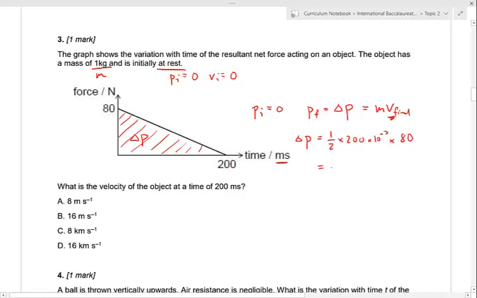So it's 100 times 10 to the negative 3 times 80, which is 8 kilogram meters per second. And so v is equal to p over m, but the mass was 1 kilogram, so it's 8 over 1, which is 8 meters per second.